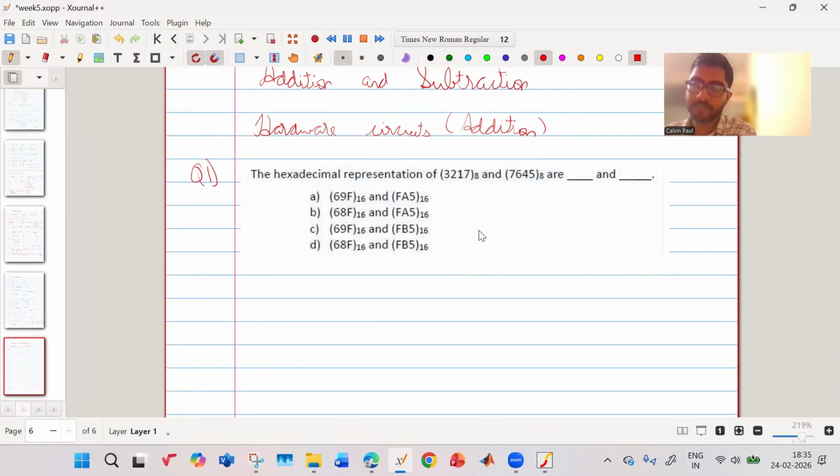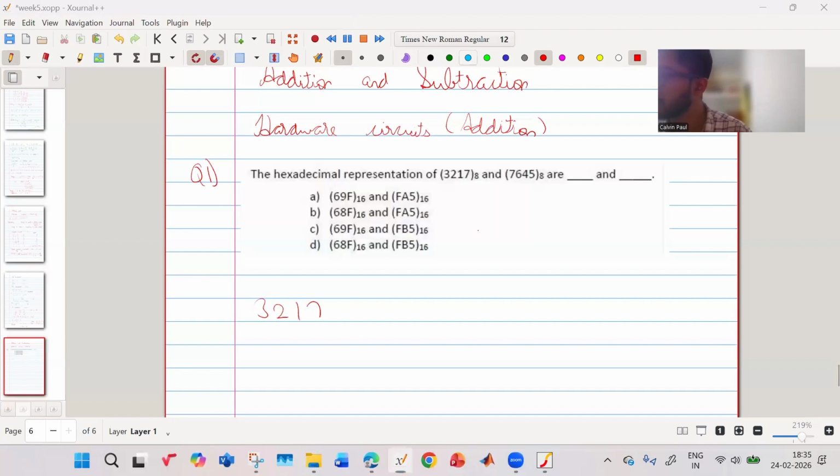So an easy way to get started with this: you have (3217)8, right? So what is this actually? 3 into 8 to the power 3 plus 2 into 8 to the power 2 plus 1 into 8 to the power 1 plus 7 into 8 to the power 0. So this is actually 3 into 512 plus 2 into 64 plus 8 plus 7.